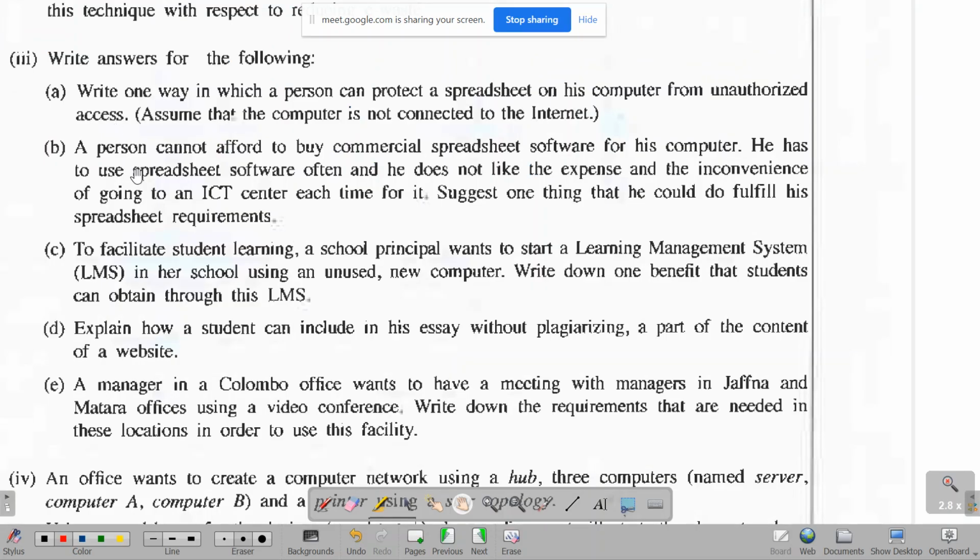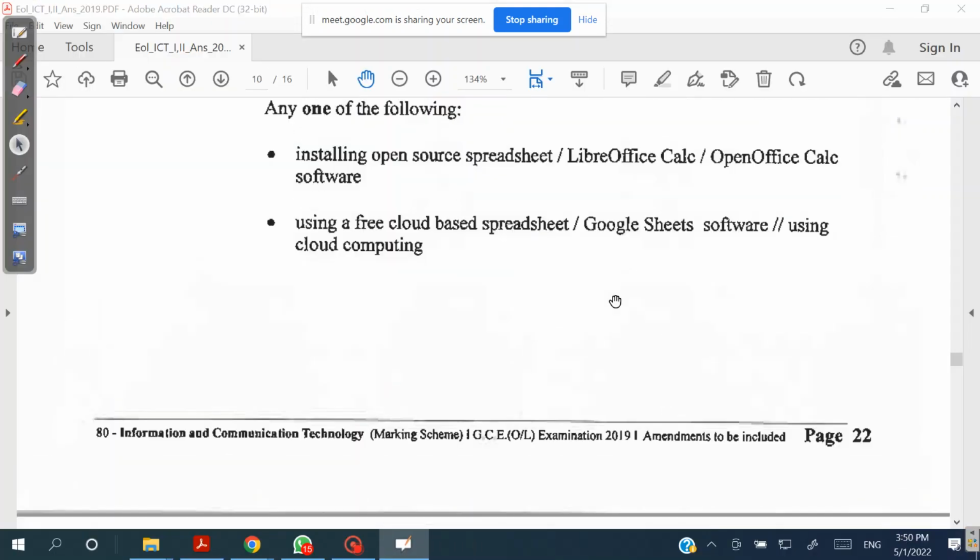Yeah, the third one says to facilitate student learning, a school principal wants to start a learning management system in her school using an unused new computer. Write down one benefit that students can obtain through this LMS.